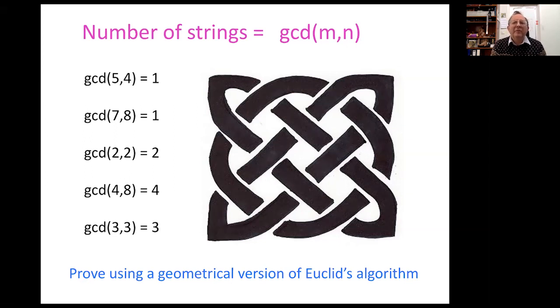I'm going to leave it as homework for the SUMS meeting: see if you can prove to yourself why the number of pieces of string on an MxN grid is the greatest common divisor of M and N. I'll give you a hint. It uses Euclid's algorithm, but done in a geometrical manner.